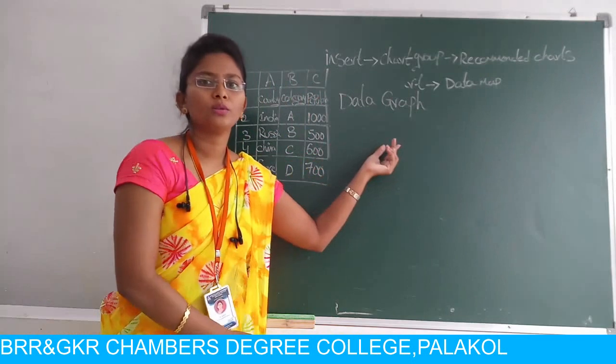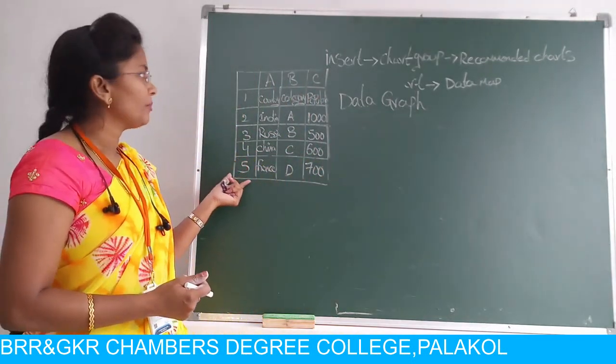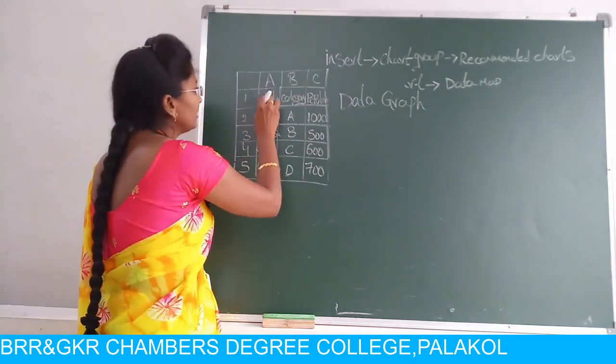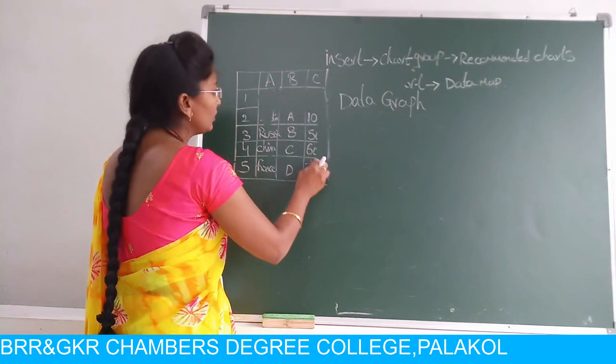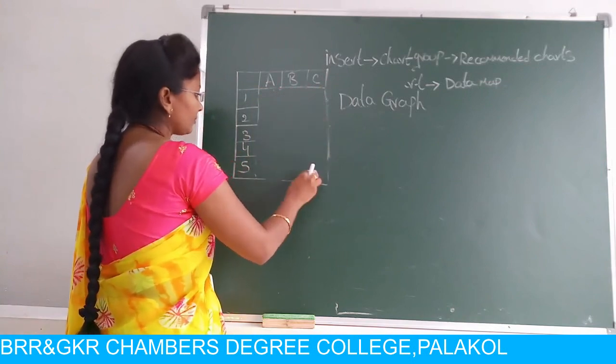Graph is also called a chart. Here, I am taking a sample Excel sheet and entering some data in it. According to that data only, the charts will appear on your Excel sheet.